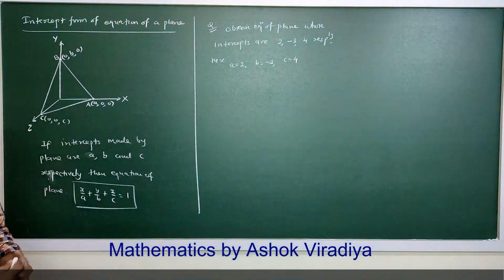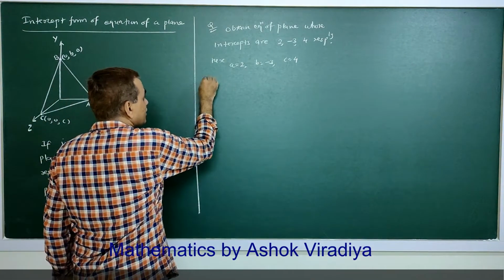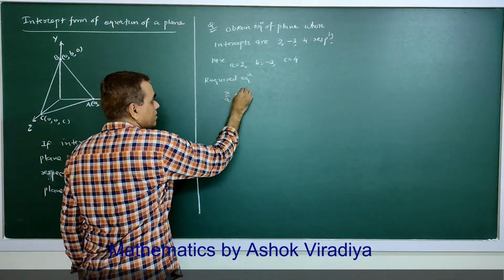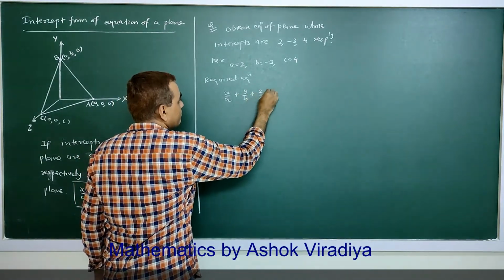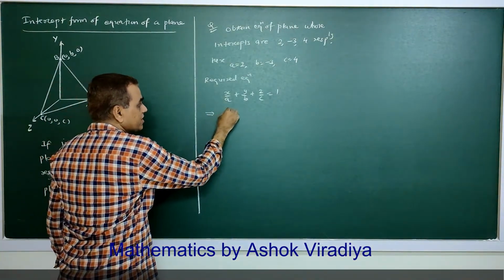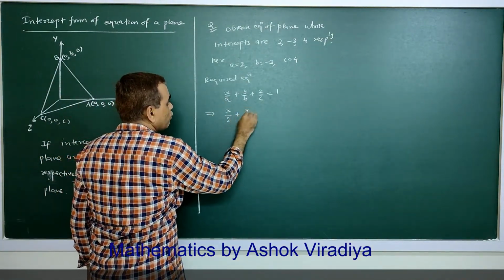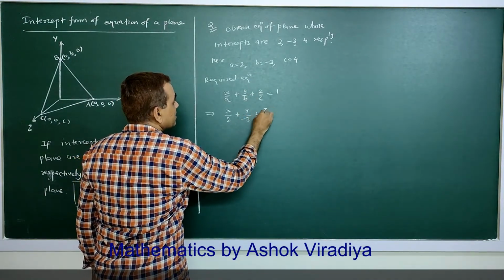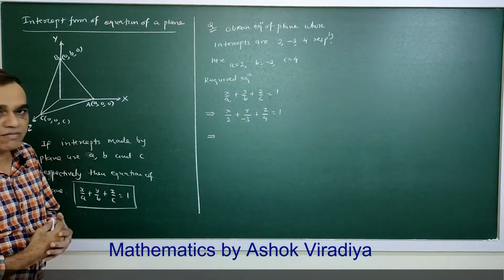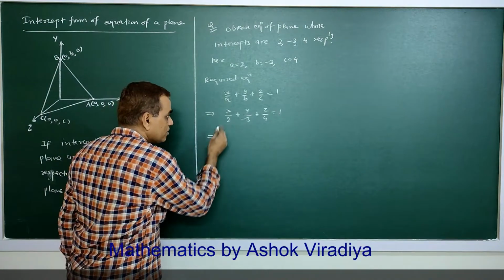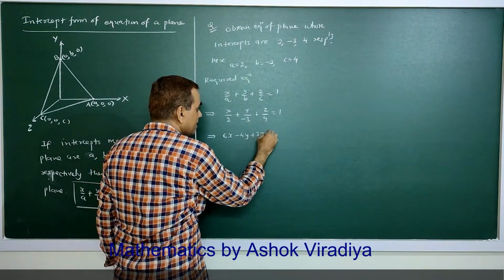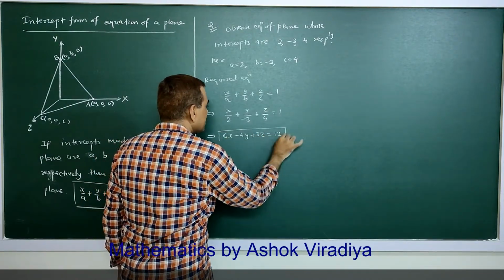Now putting in this equation, the required equation is x upon 2 plus y upon minus 3 plus z upon 4 equal to 1. Now putting this in simple form, we multiply this by 12. So multiplying by 12, 6x minus 4y plus 3z equal to 12. So this is the required equation.